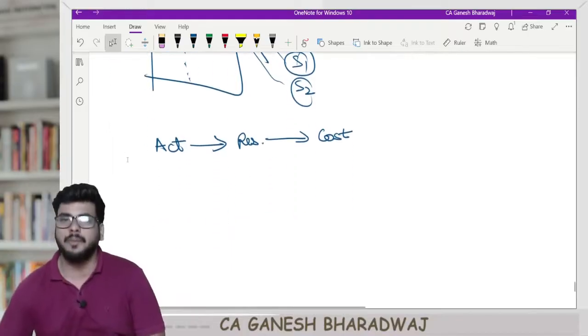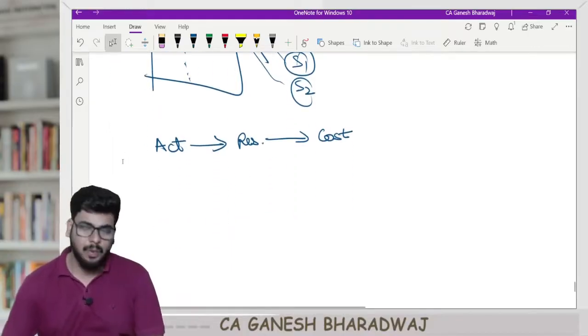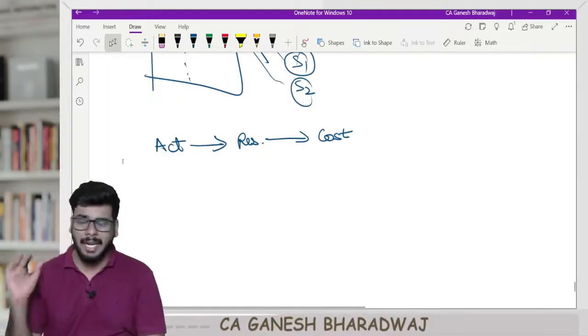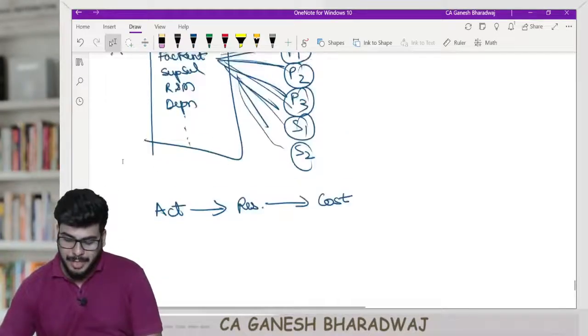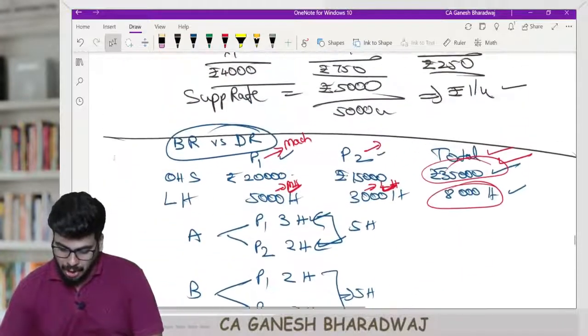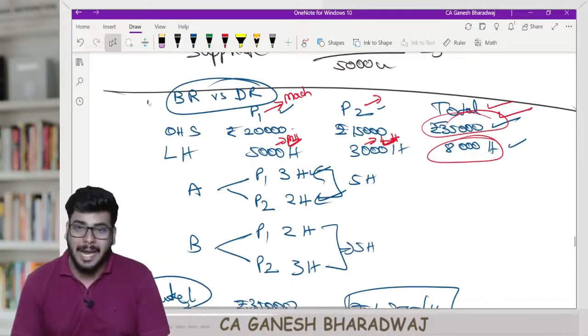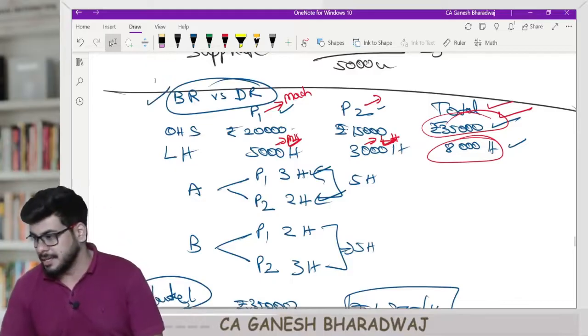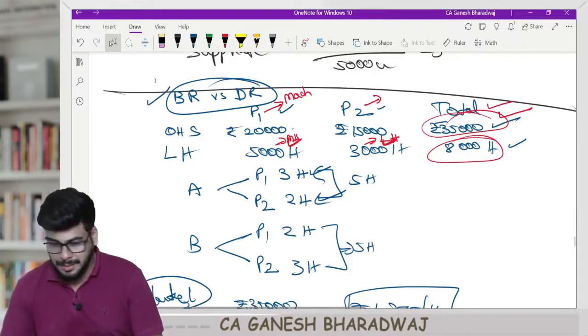Now, what does ABC say? Look at this. We saw one previous example, wherein we saw the concept of blanket overhead rate versus departmental rate. You guys remember this, right?